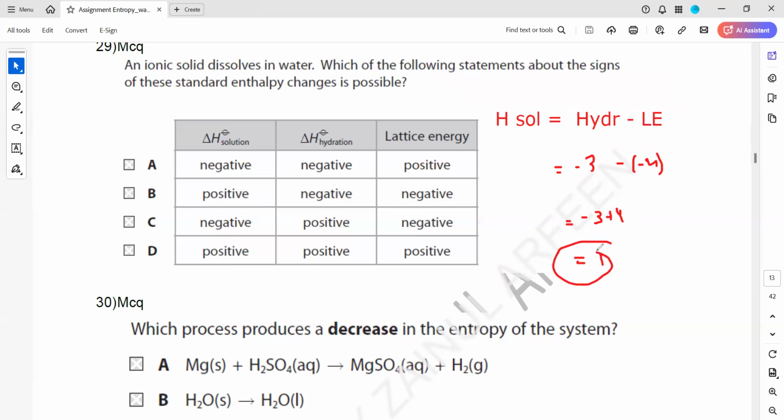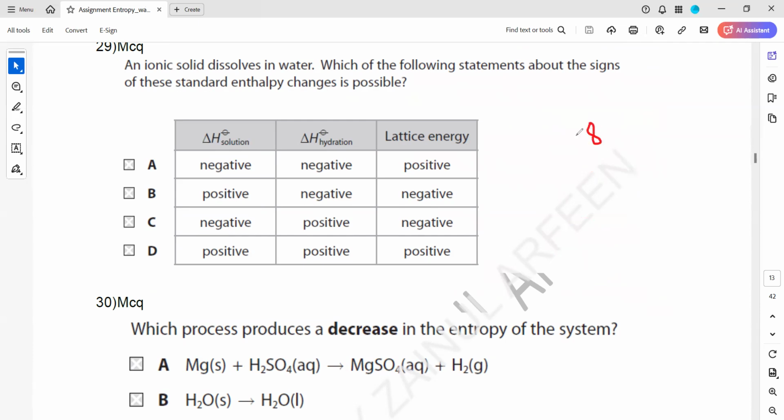So enthalpy of solution can be positive or negative. But usually when the enthalpy of solution is positive, the substance does not dissolve, because the lattice is more and hydration is less. If the enthalpy of solution is negative, the substance readily dissolves because hydration should be more than lattice to dissolve by itself. But for example, for dissolving sodium chloride in water, the enthalpy of solution is +8.